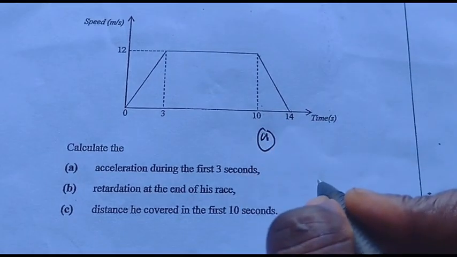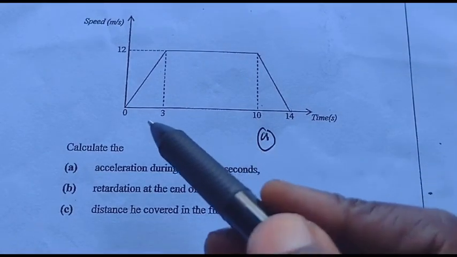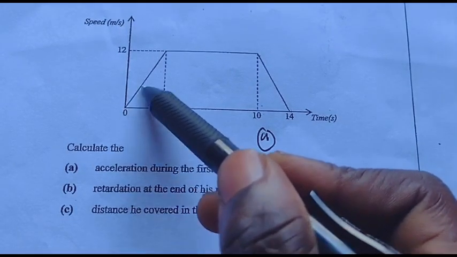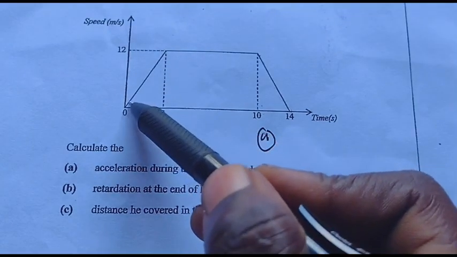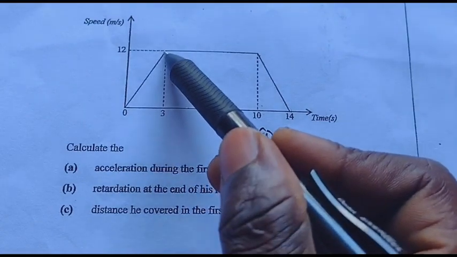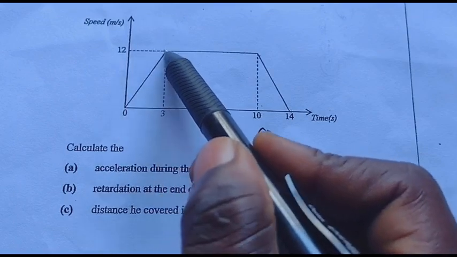In question A, they want you to find the acceleration. When this sprinter was accelerating from 0, going upwards here, the speed here was 0, that was his initial speed. Once he started accelerating going up, his final speed was at this point.